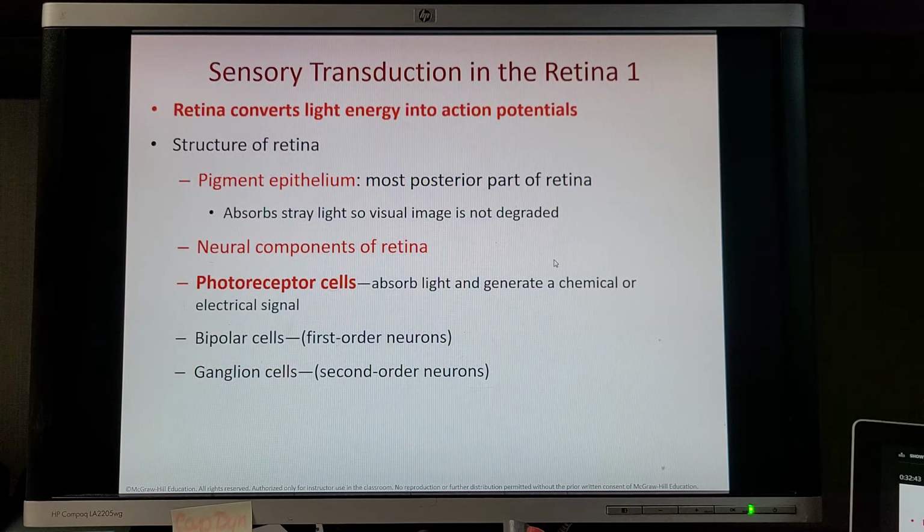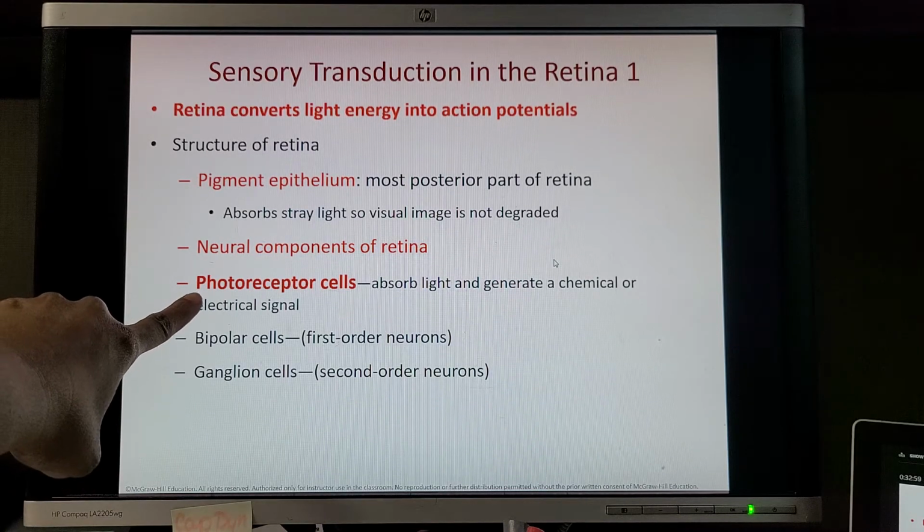Okay, so when our light gets all the way to our retina, that's where we convert our light energy into action potentials. We do that using the photoreceptors in that layer.